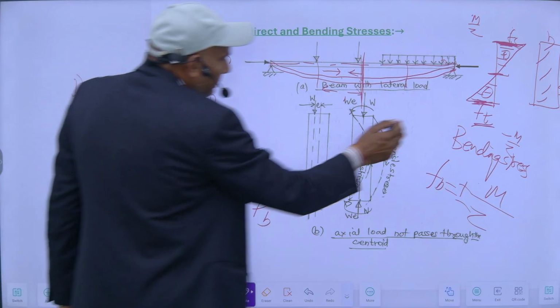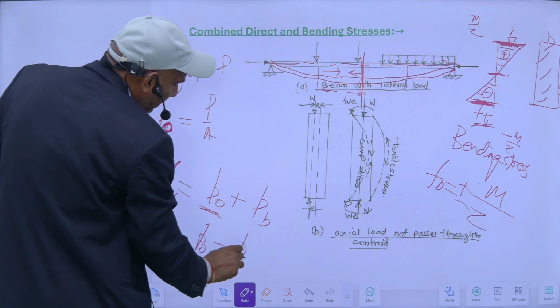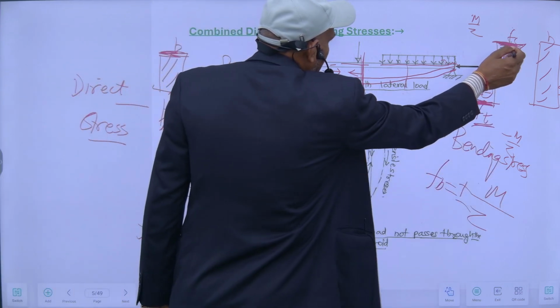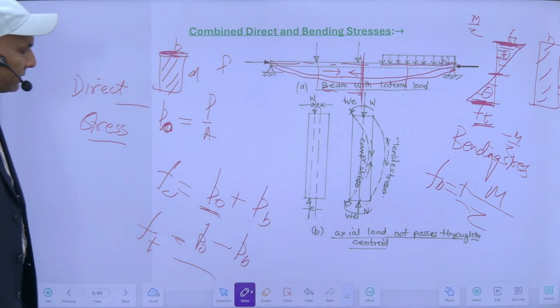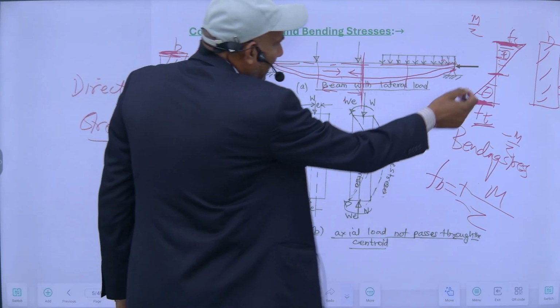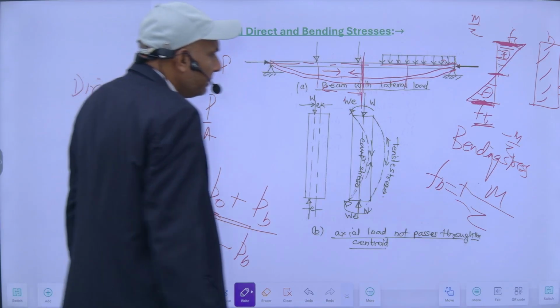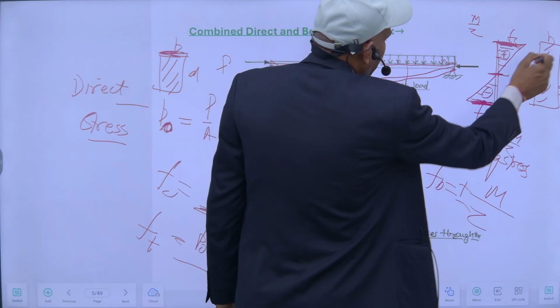But in the bottom fiber my bending stress will be negative. So my stress at any layer will be the algebraic sum of corresponding direct stresses and bending stresses. This direct stress remains constant throughout, so there will be no effect. So its effect will be like this.